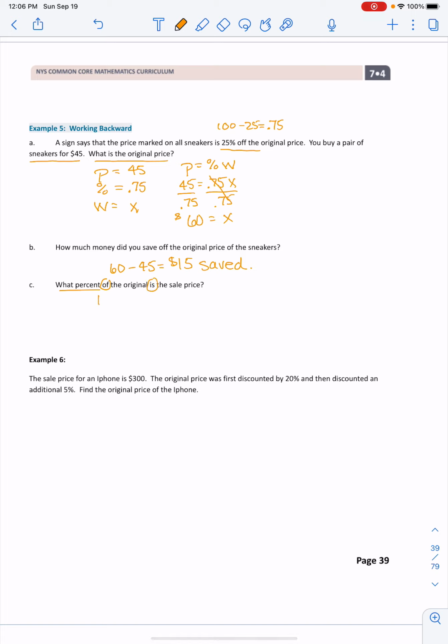So here, if we have P percent and W, the original is 60, sale price is 45. We're looking for X. We have P equals percent times W. So we have 45 equals, excuse me, X times 60.